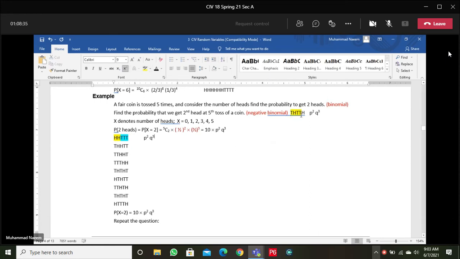Only these 4 outcomes will be involved in making the combinations. So how are the combinations? We have 4 outcomes, 4C1 head. So 4C1 is the coefficient, but P power 2 and Q power 3 we have.